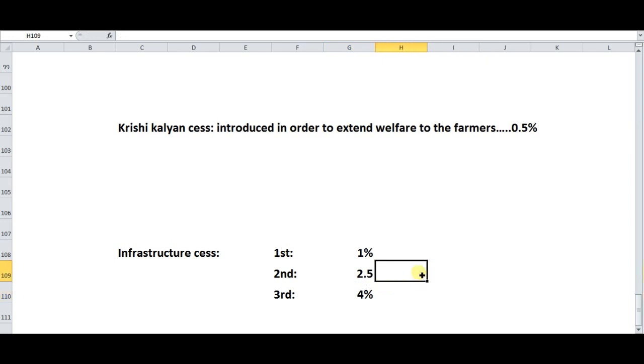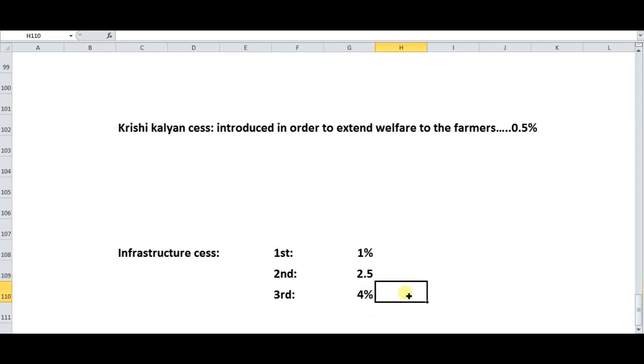Like the way, second slab 2.5%. If you are manufacturing any diesel vehicle which does not exceed 4 meters and engine capacity not exceeding 1200 cc, then you need to pay the 2.5% cess to the central government. And like the way, 4%.